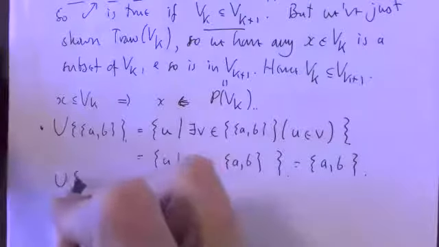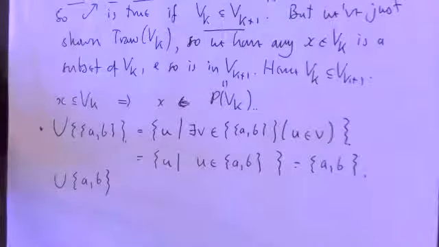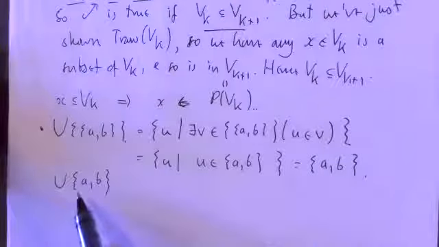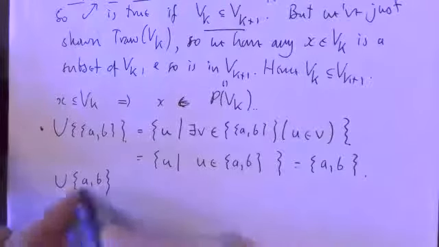If I take the big union of this, this big union says, I want the set of members of this set.